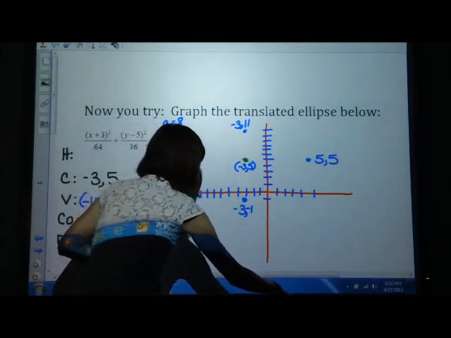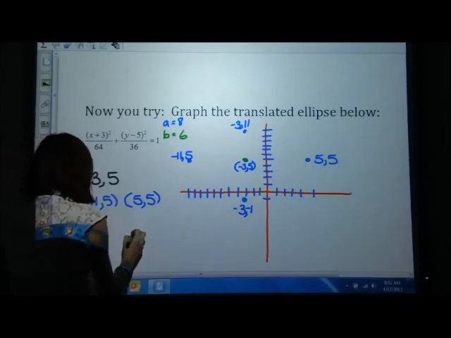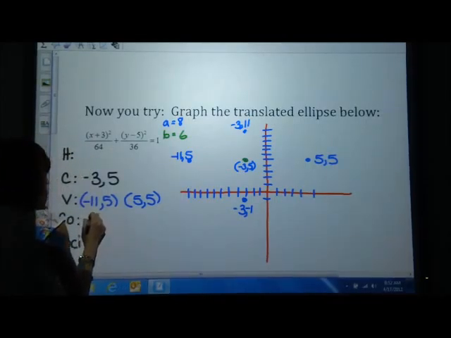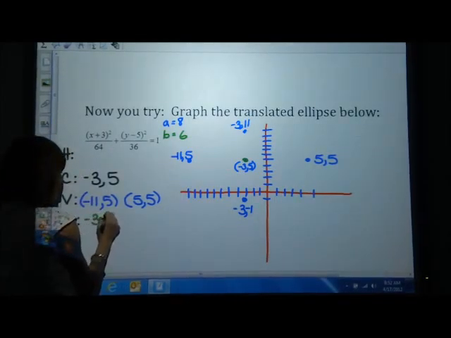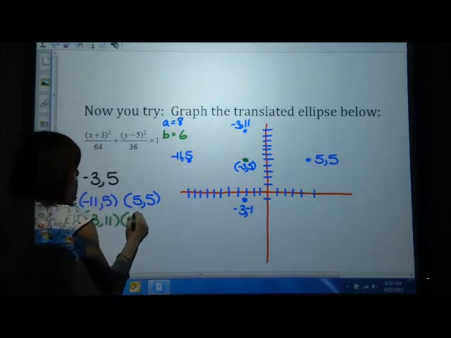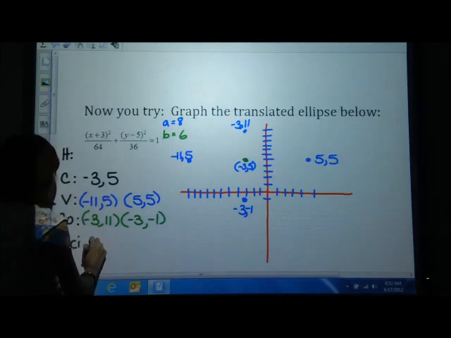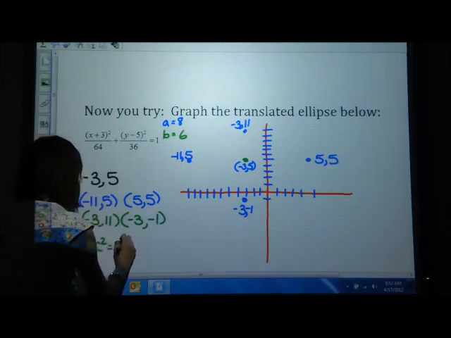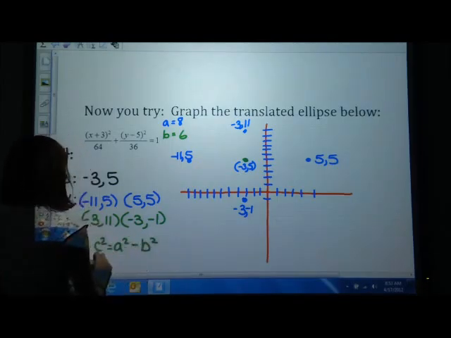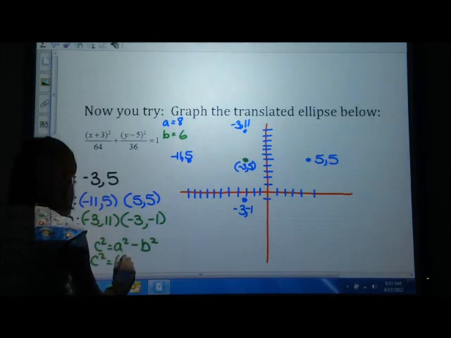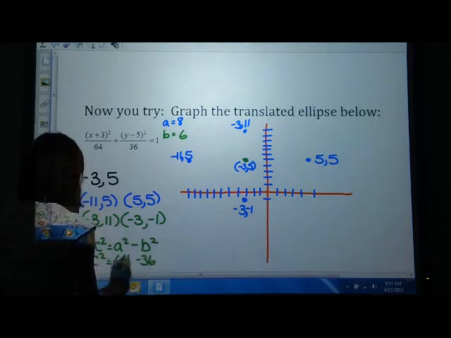Okay. So now let's put our co-vertices at negative 3, 11, and negative 3, negative 1. And our foci is still c squared equals a squared minus b squared. All right, so c squared equals 64 minus 36.